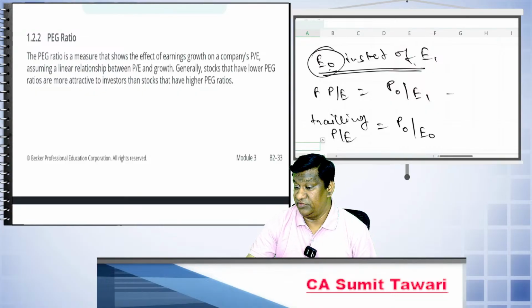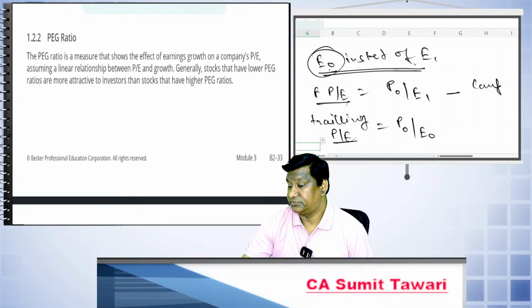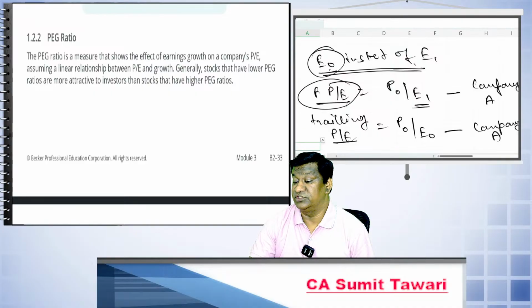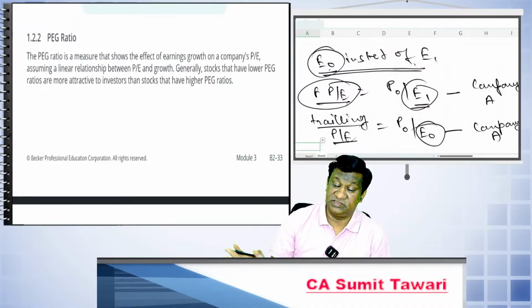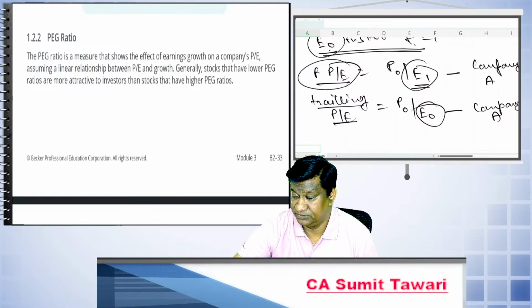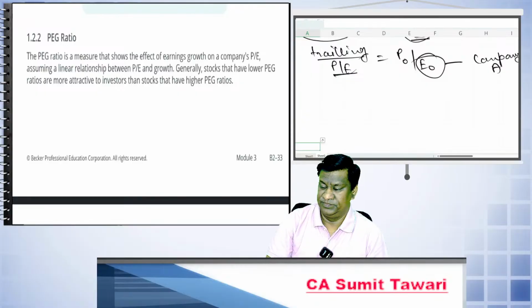So this is the data given, the forward PE for company A. But now you need to calculate company B. When you are using this forward PE, you need to consider company B's expected earning. But if you are using trailing PE, then you need to consider company B's last year earning. That is the only difference between forward PE and trailing PE. Any doubt here?